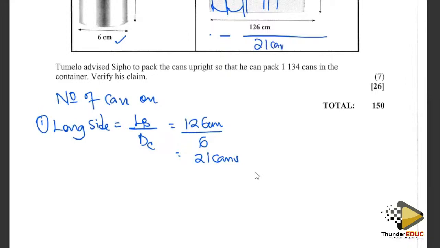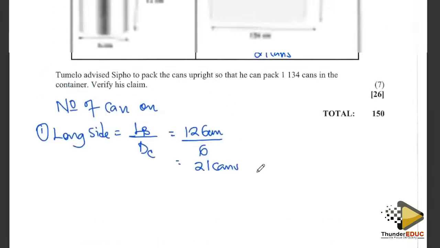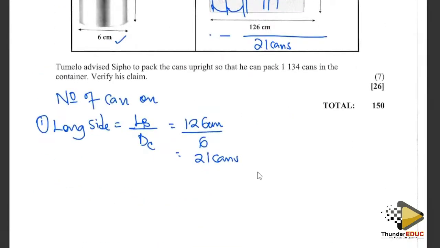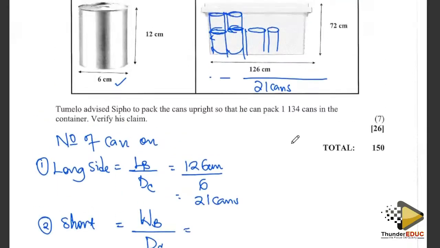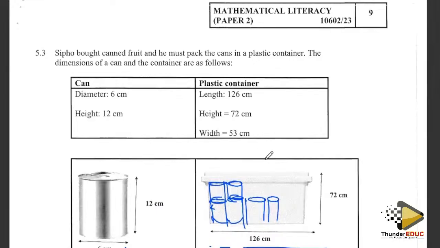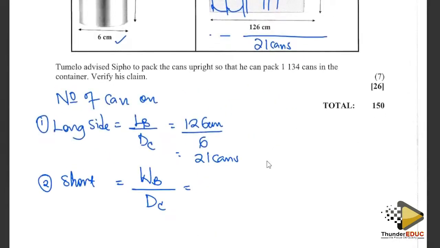What about on the short side, which is widthwise? On the short side, we shall have the width of the container, the rectangular one, divided still by the diameter of the can. The width of the container is 53. So 53 divided by 6.